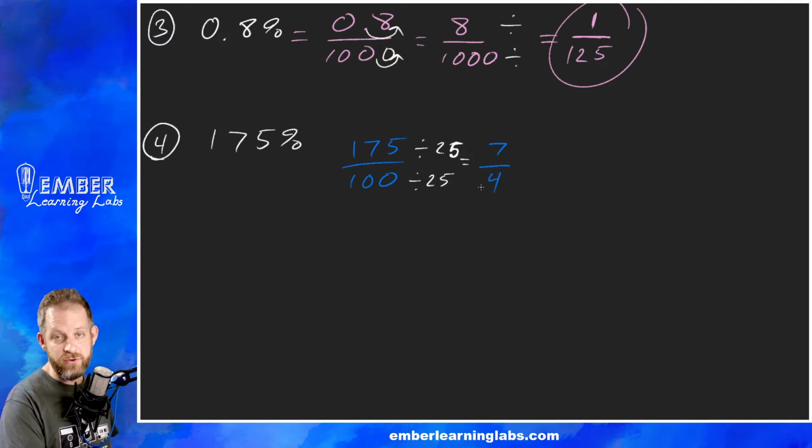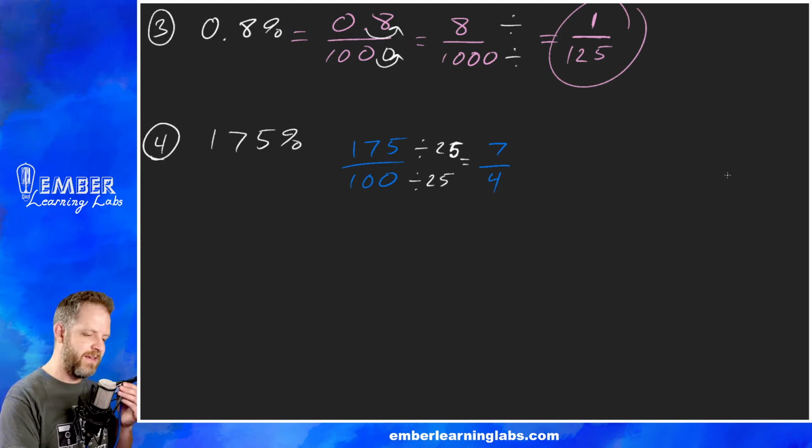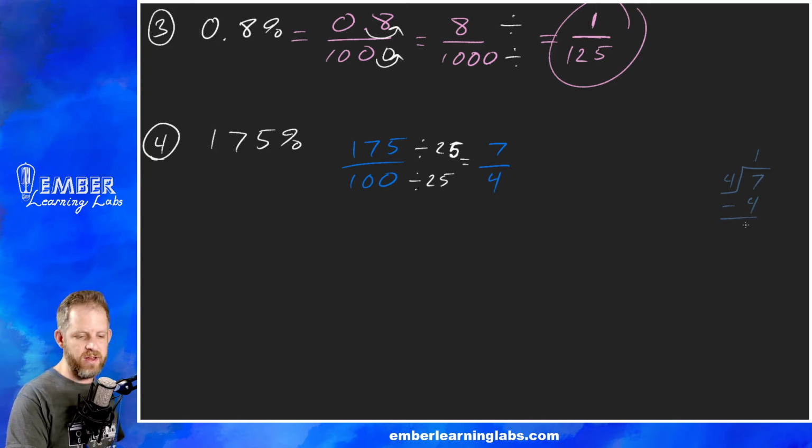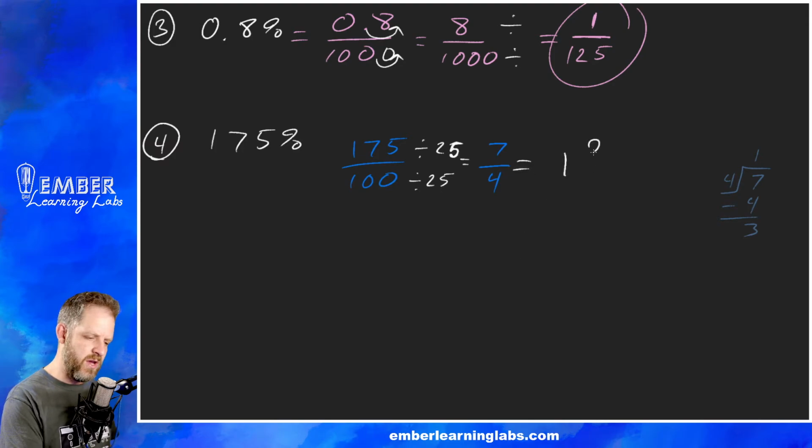Now we got to convert that to a mixed number. So we go into our scratch paper space and do 4 into 7. 4 goes into 7 once. 1 times 4 is 4. Subtract. We end up with 3. So our final answer here is 1 3/4.